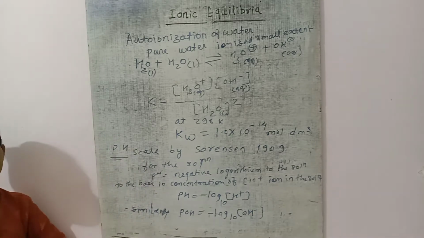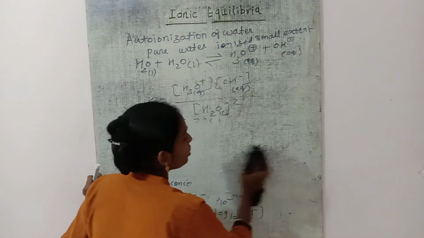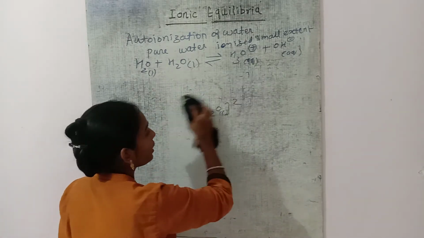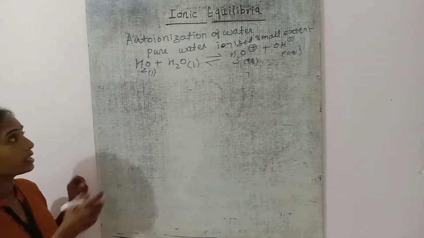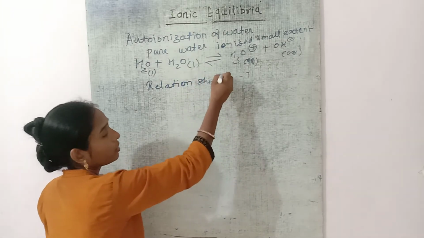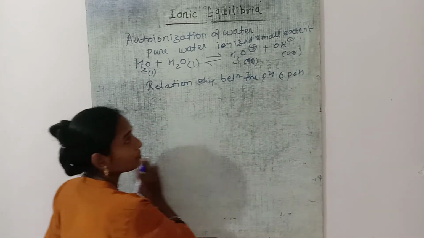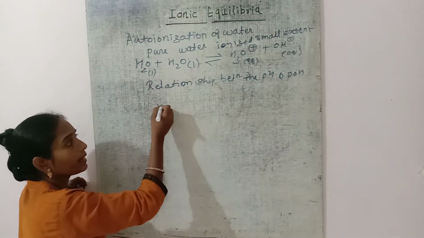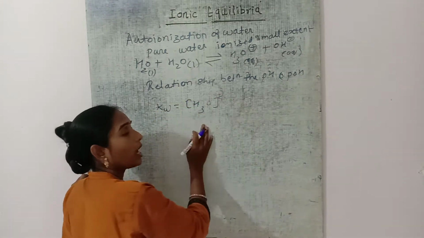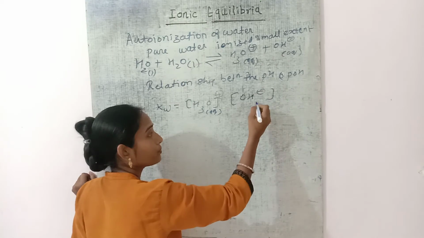So there is one concept here, Kw, which is nothing but the relationship between the pH and pOH. Here Kw is equal to the concentration of hydronium ions and the concentration of OH negative ions.